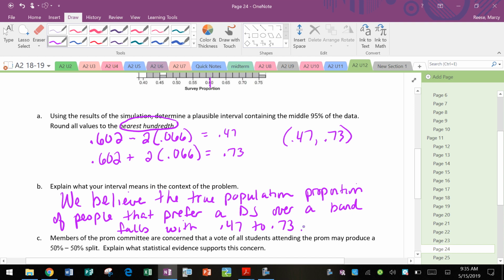So there's the context of the problem. The people that prefer the DJ over the band.